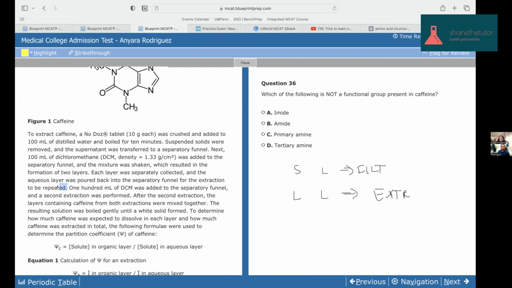So when it comes to separation techniques, I want you to consider what phases we're trying to separate. And from there, you can think of what property you can exploit, or take advantage of, to separate these things.